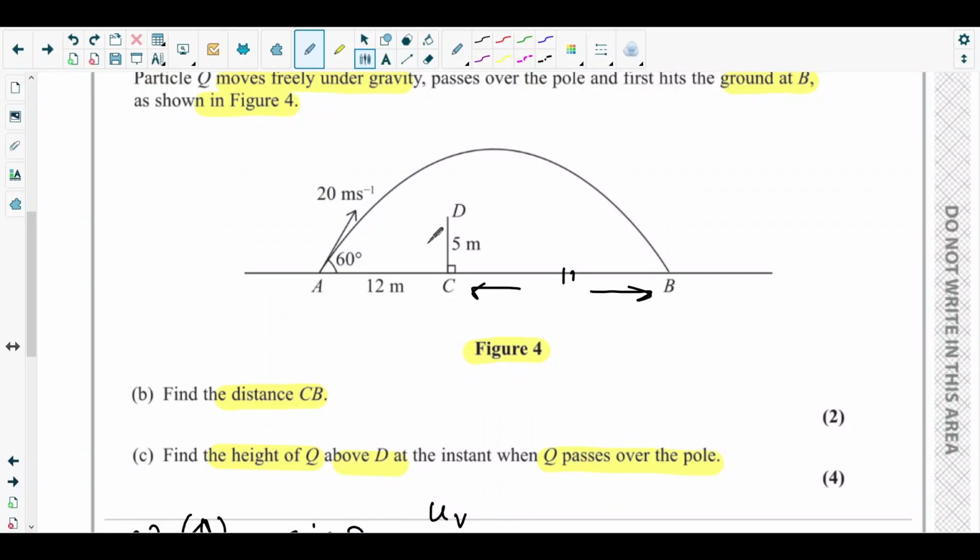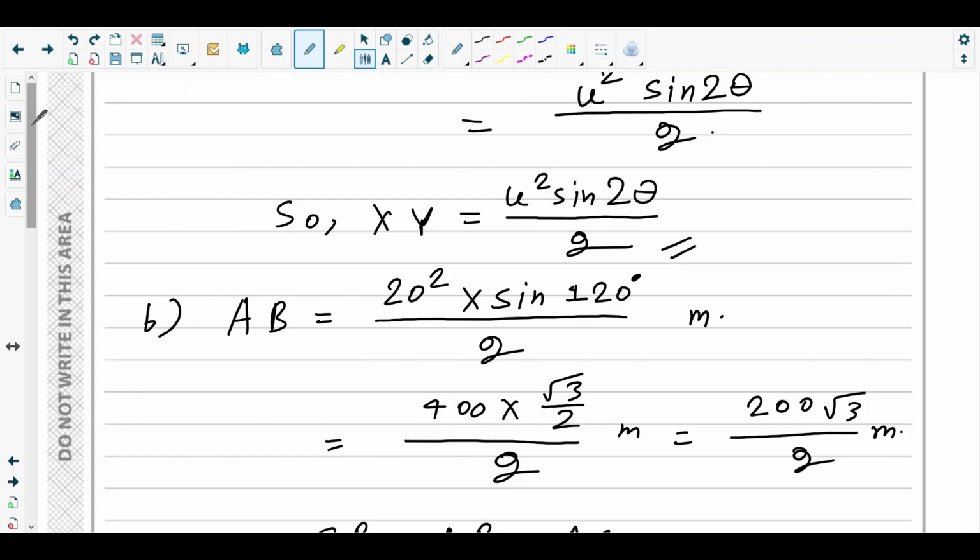For that, considering the horizontal motion, we first find how long it will take to reach the point C from A. Then using that time we will find the vertical displacement, and from the vertical displacement we can figure out the height of the particle Q above the pole CD. So let's do this.